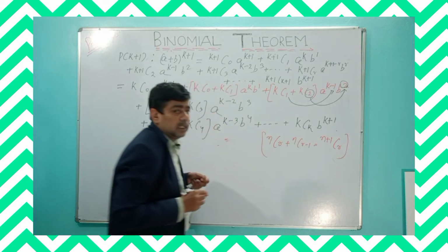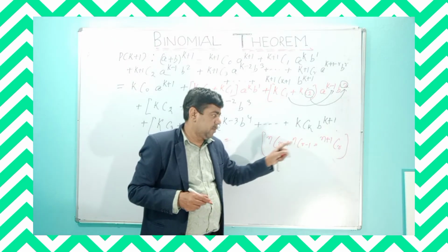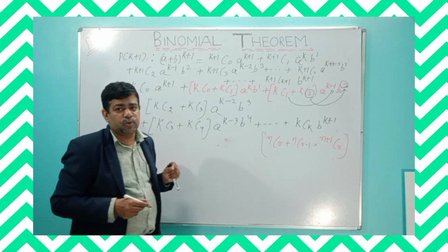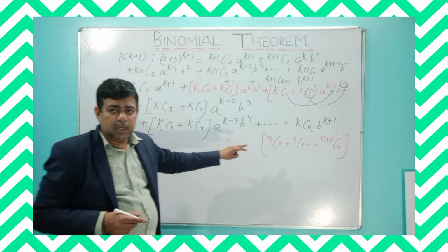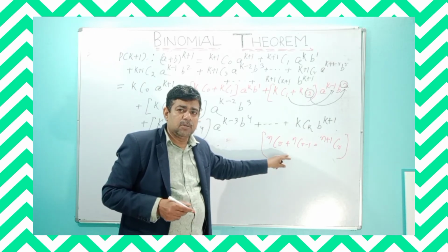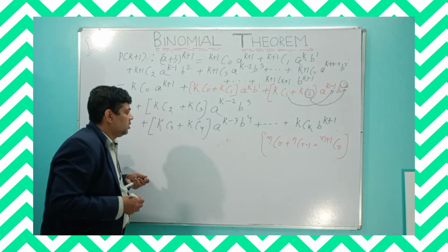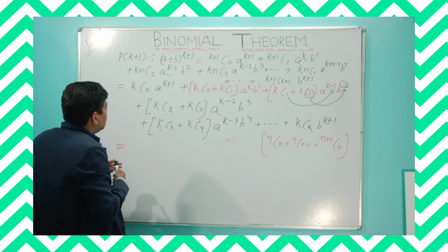And all of you know nCr plus nC(r minus 1) is equal to (n plus 1)Cr. This is one of the important properties already. Yes. Okay. I will derive this one. Already you know. Once again, if you have a doubt, I will prove it in the next class. You can see now, look here. What are you looking at here?